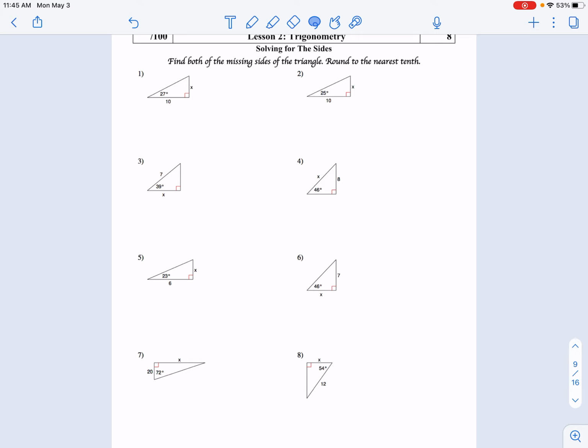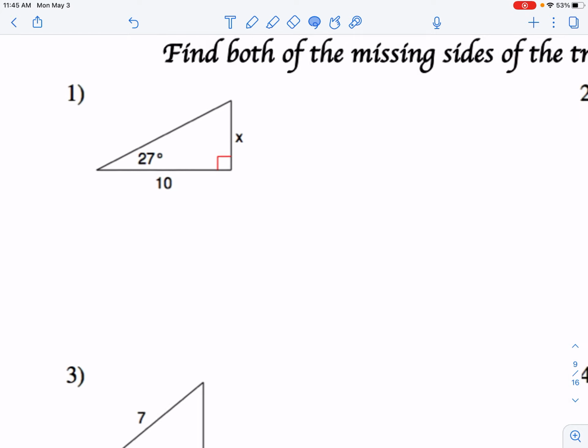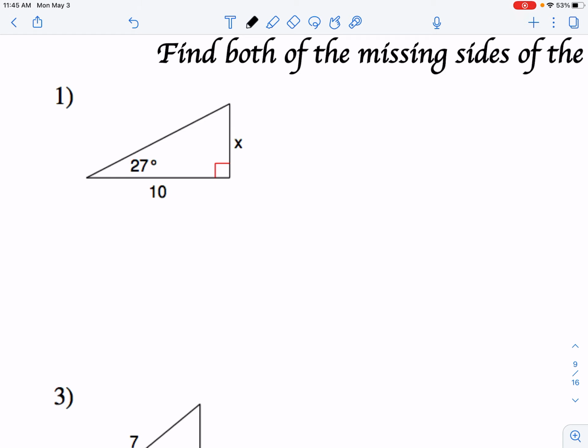So what I mean, and again, I'll do a couple examples to help us out. So number one, again, just label the hypotenuse. And I know this is a leg, and I know this is a leg. However, that's not helpful now because I don't know my hypotenuse value, and I also don't know a leg value. So legs are not specific enough now.